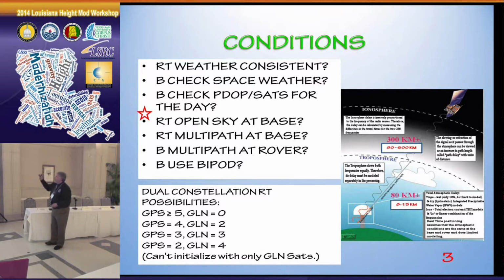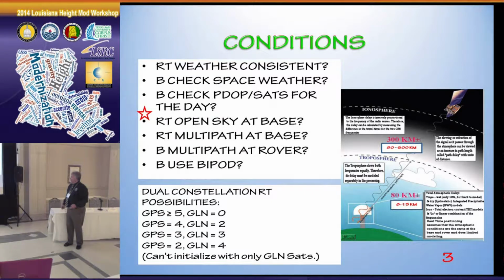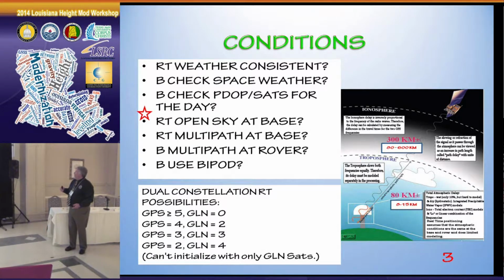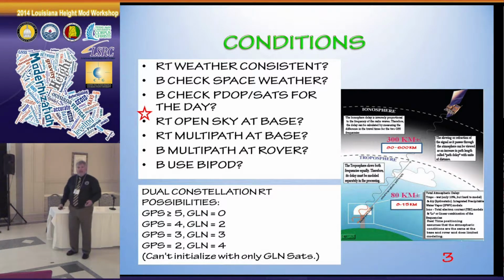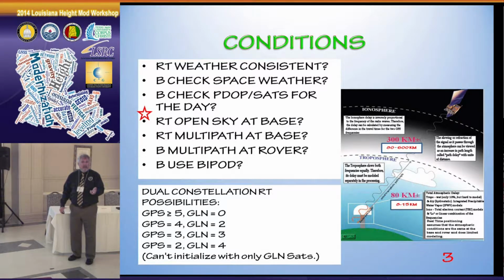So you want homogeneous conditions at the rover and the base. Obviously, watch out for multipath. It doesn't hurt to plan a little bit to make sure there's a time of the day when you're only going to have 6 satellites or something if you're just using GPS. So there could be a downtime of the day.